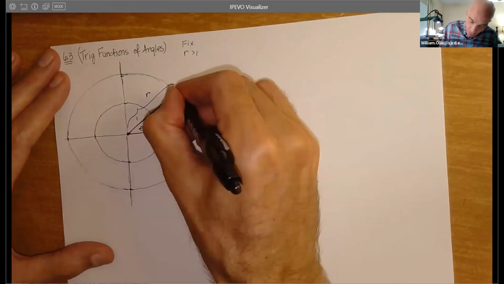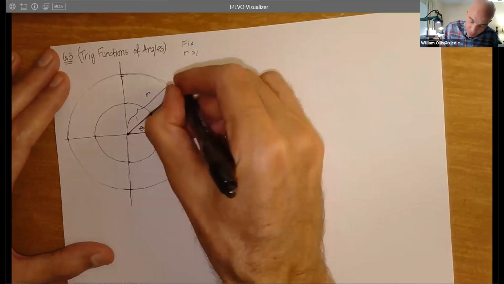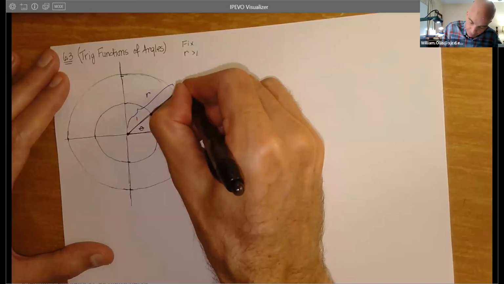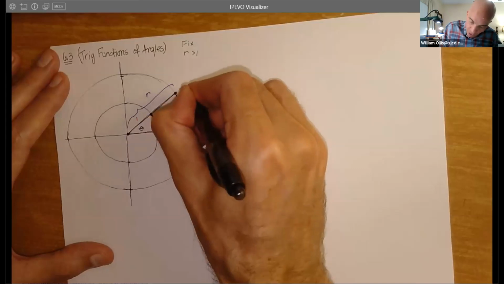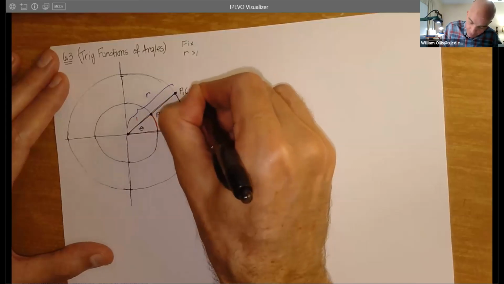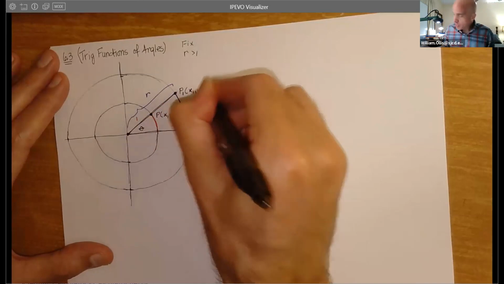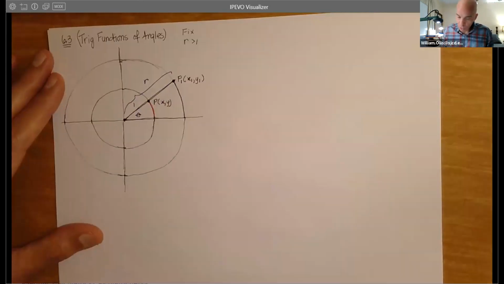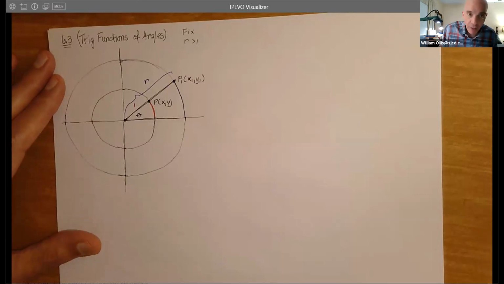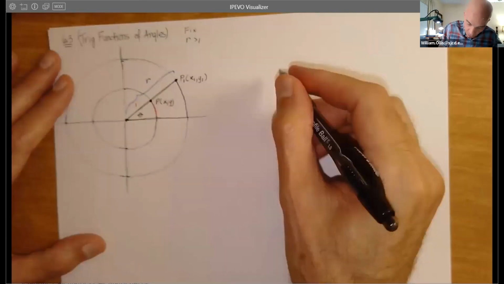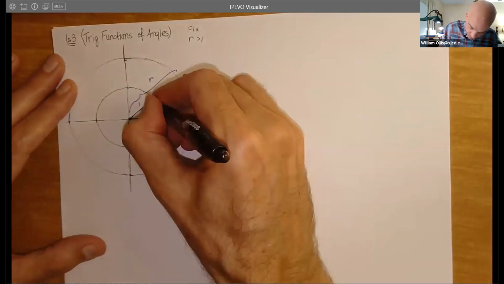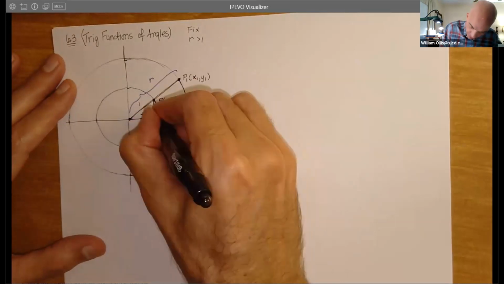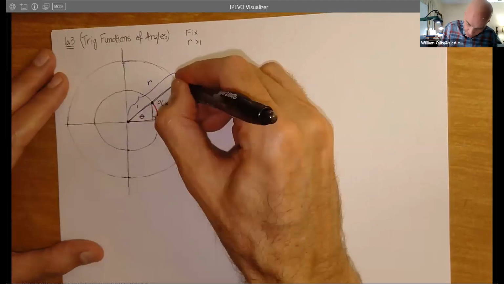And then for this point here, we'll call this P1, (x1, y1). And so in both cases, what we want to do is impose the right triangle. One here, drop the perpendicular right there, and then one here.